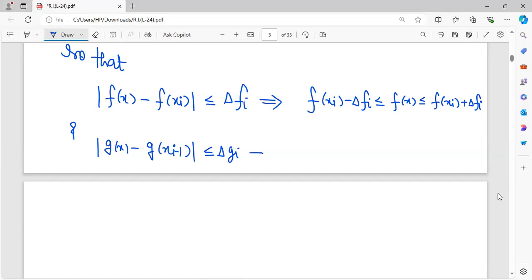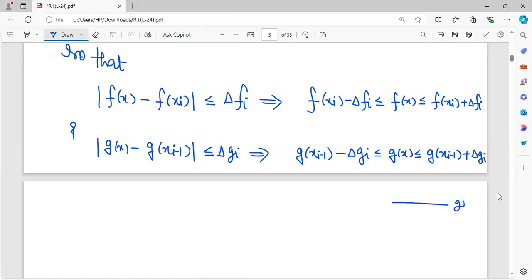And from here, we got g(xi-1) minus delta gi less than or equal to g(x), which is less than or equal to g(xi-1) plus delta gi. We will number this equation later.